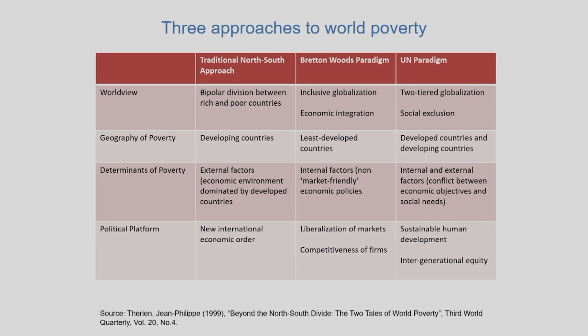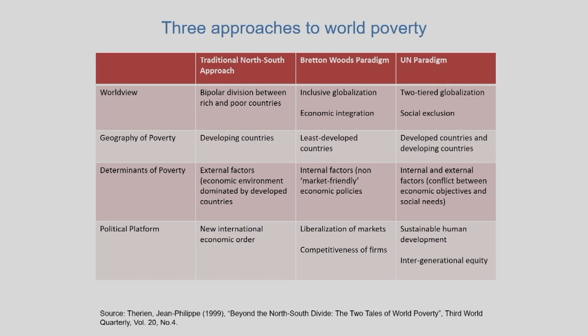The north-south approach forwarded the idea that poverty is largely located in the third world or the developing countries. The Bretton Woods paradigm also talked about the location of poverty in the least developed countries, which are more or less the same as the third world countries, whereas the UN paradigm brought in this vision of geography of poverty.